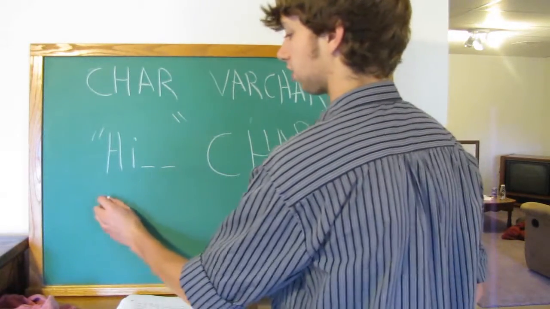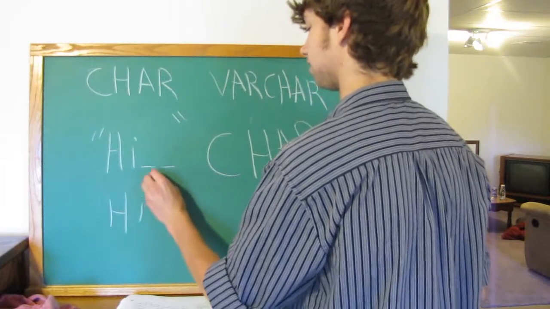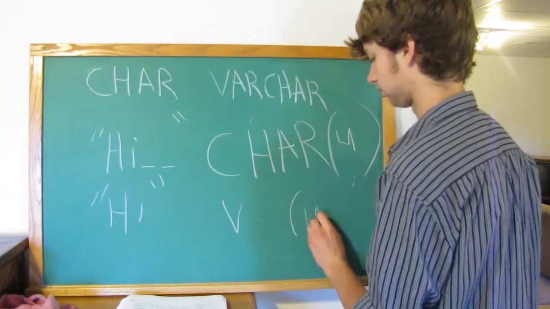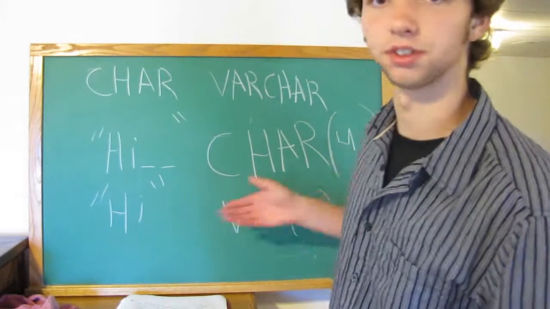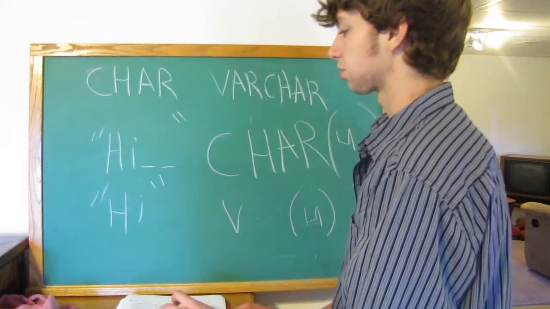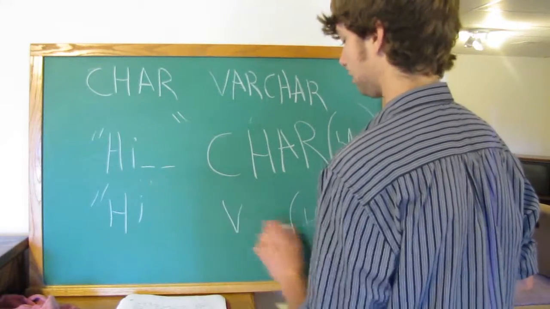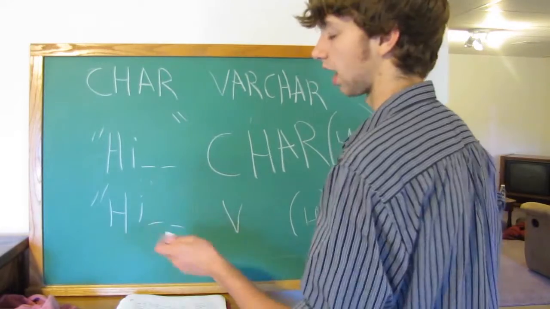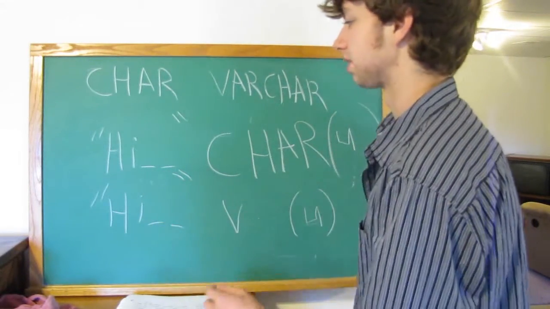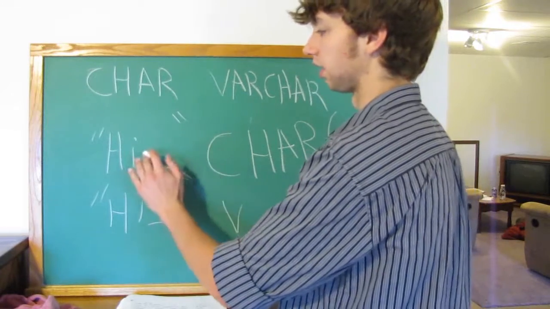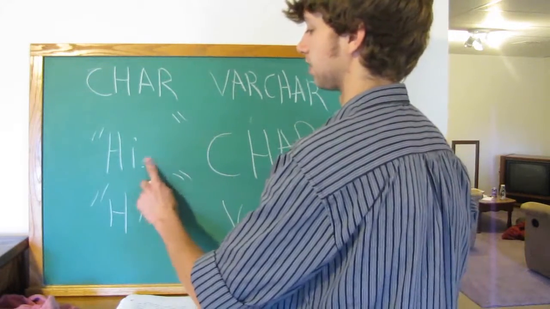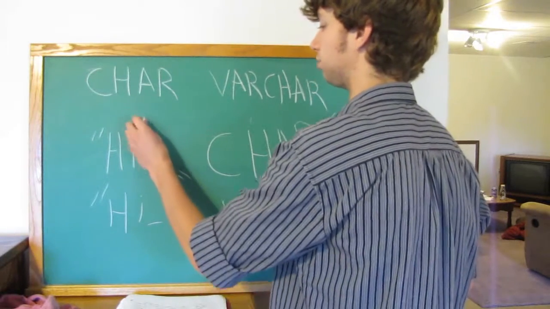Varchar, on the other hand, will just store it as hi. So if I have varchar 4, it can take all those extra spots and just get rid of them. And then when you store spaces in a varchar like this, if I stored hi with 4 spaces, it would store those. But if I stored hi with char and then retrieved it again, it actually removes these spaces to show you the original input.